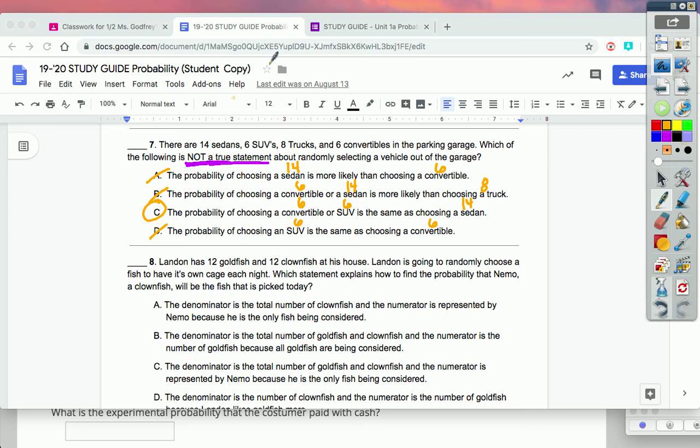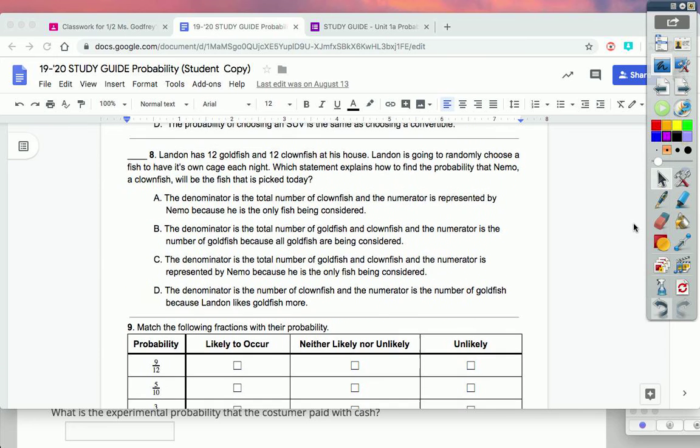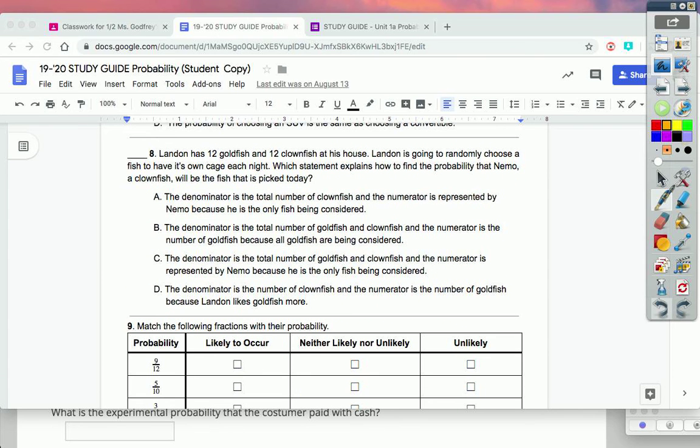So on to the next one. We're talking about fish in our next problem. Landon has 12 goldfish and 12 clownfish at his house. Landon is going to randomly choose a fish to have its own cage each night.